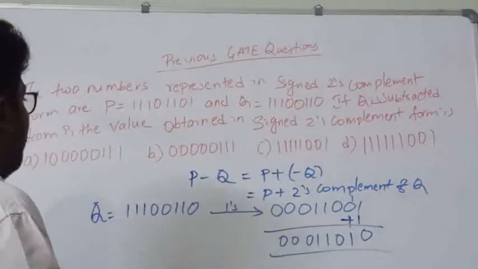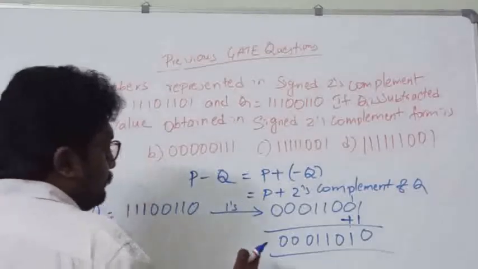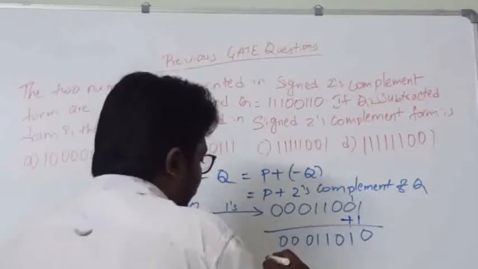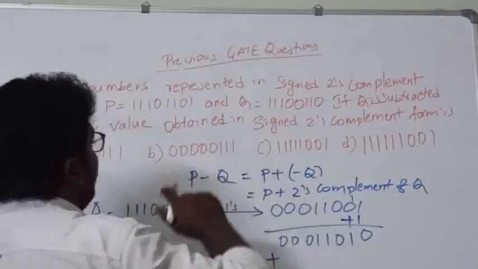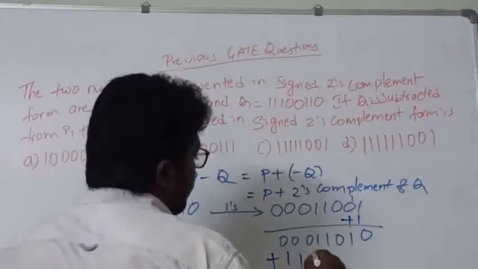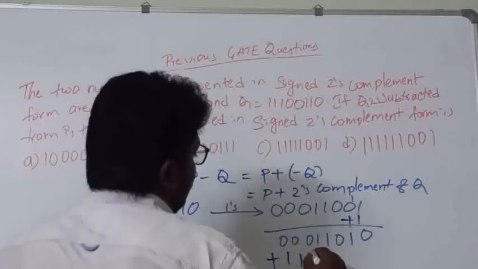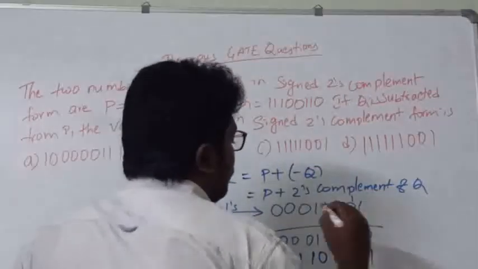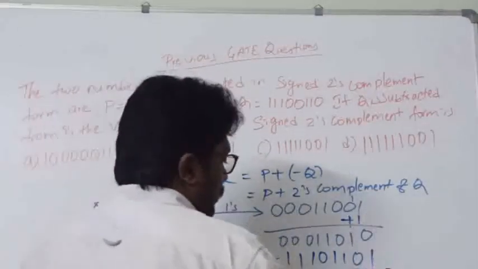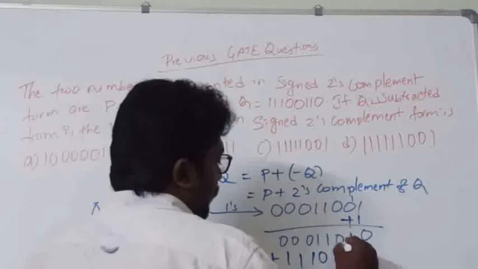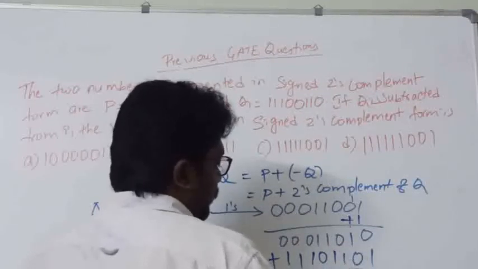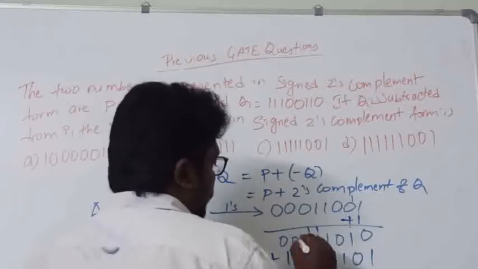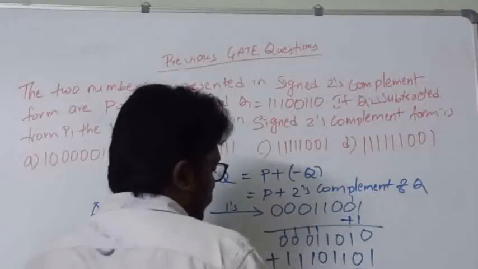So we already know the value of P. So this is Q, right? So add P to it. So 0 1 will become 1, 1 1 will be 0 carry 1, and so on, carry 1 again, carry 1, carry 1, carry 1.